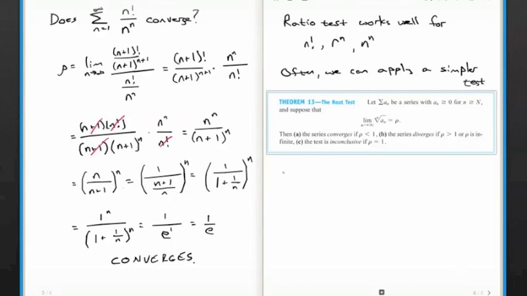Still it's a rho. So we could apply it to a kind of overly simplistic example.